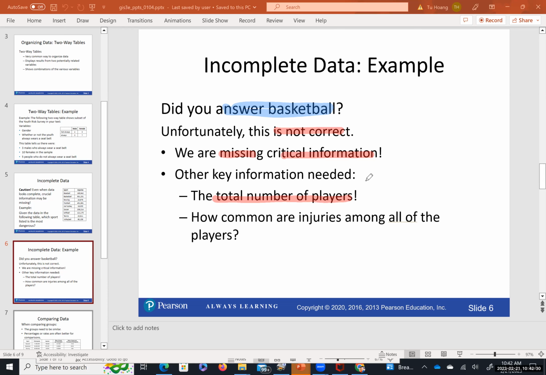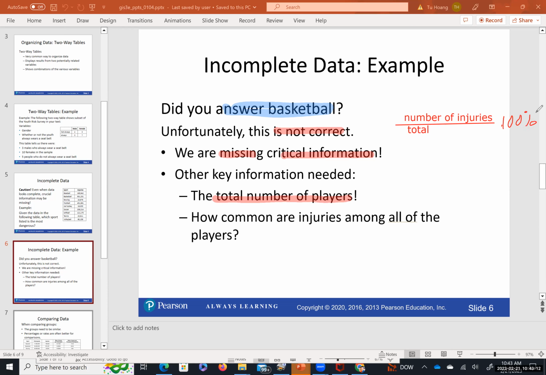If you have the totals, you can use the number of injured divided by the total, and then multiply by 100% to get the percent injured. Then you can see which one is more dangerous in percent.